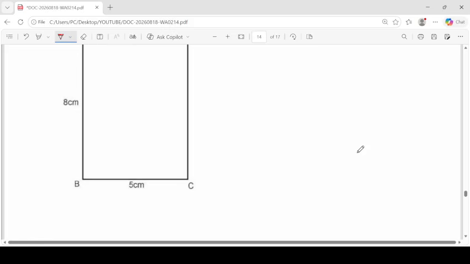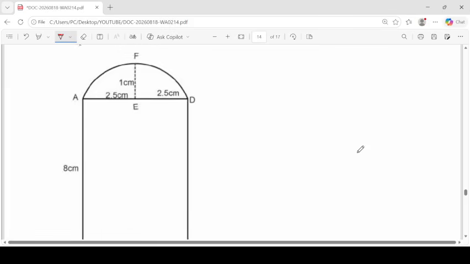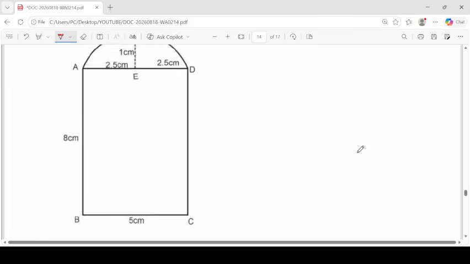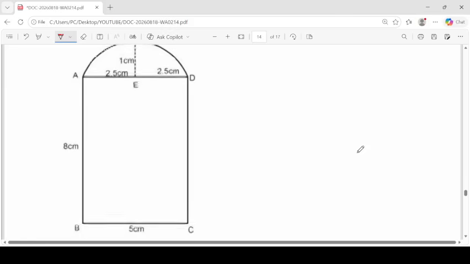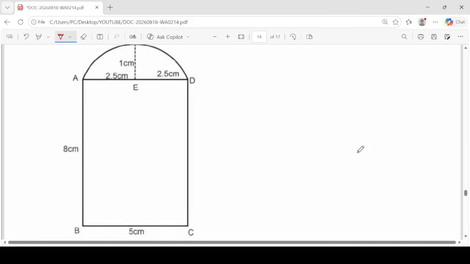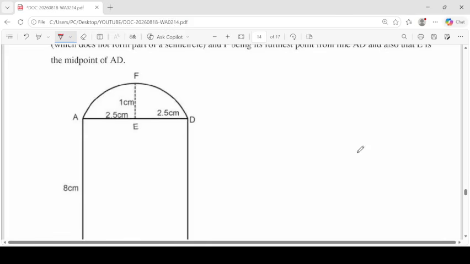Now, when you look at this, the first thing we're going to do is note that the diagram is made up of two parts, the rectangular part and the semicircular part. Allow me to calculate first the area of the rectangle. I'll start by getting the area of ABCD, which is a rectangle.